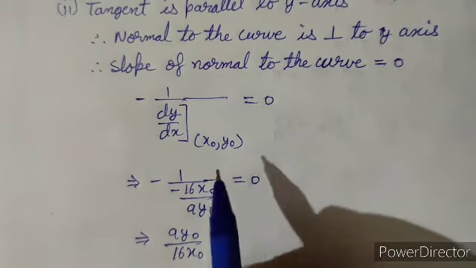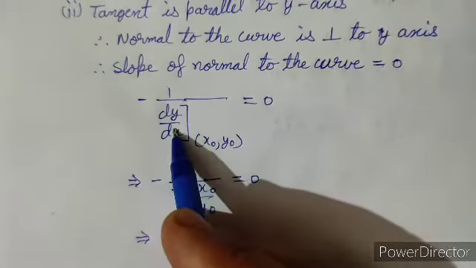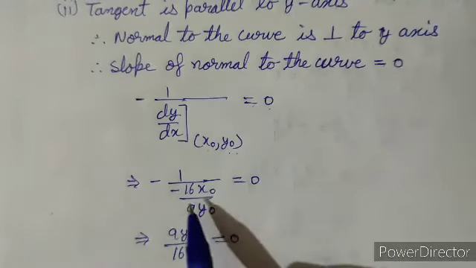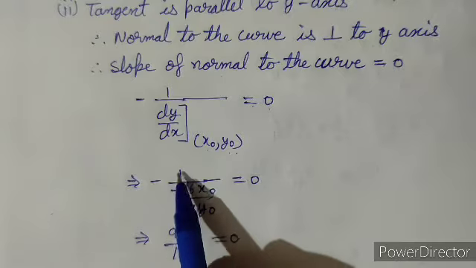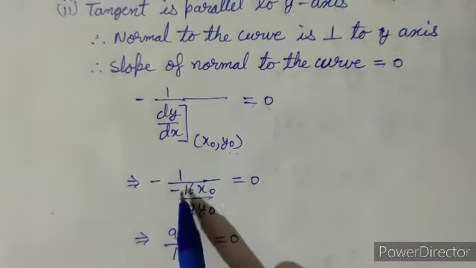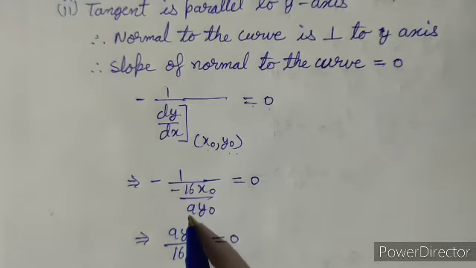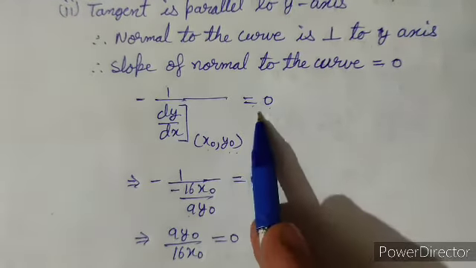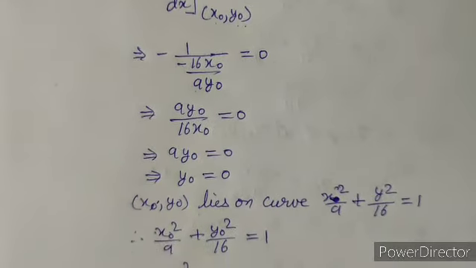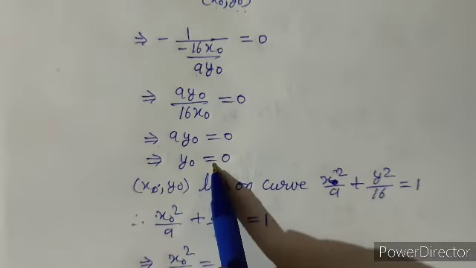That means minus 1 upon dy by dx at x0, y0 will be equal to 0. And this will give us minus 1 upon, now dy by dx at x0, y0 was minus 16x0 upon 9y0, and that is equal to 0. This is giving us the value of y0 as 0.